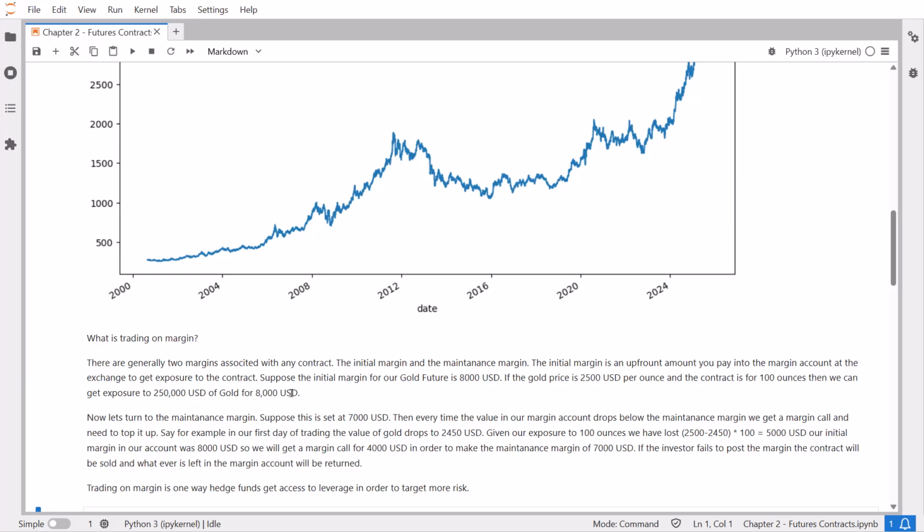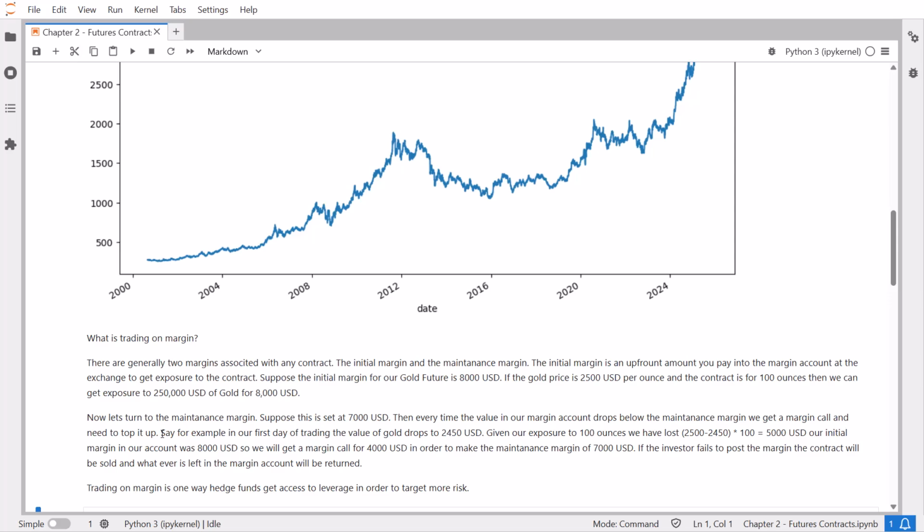So once we've actually posted the initial margin and bought the contract, then we have to maintain the margin. Suppose the maintenance margin is set to $7,000, then every time the value in our margin account drops below the maintenance margin, we get a margin call and we need to top up the account.